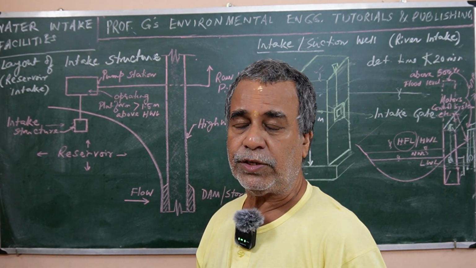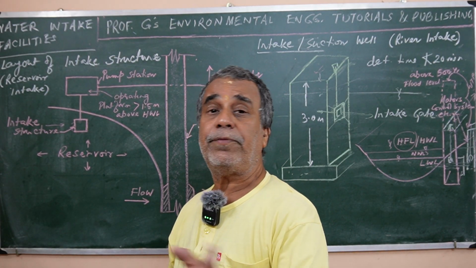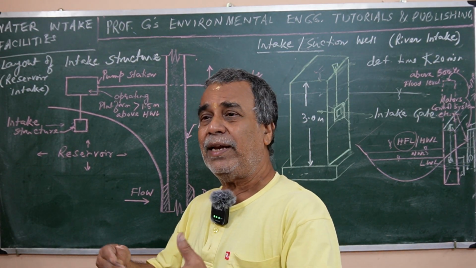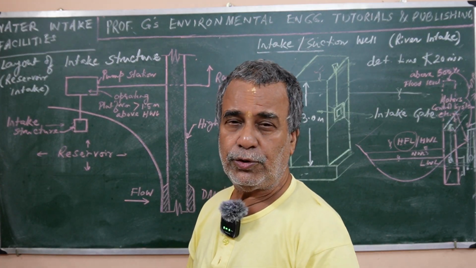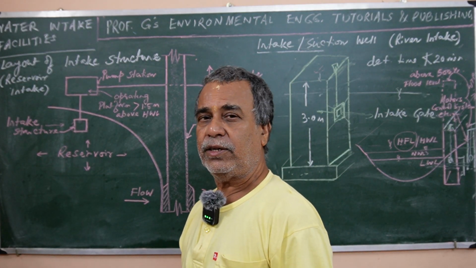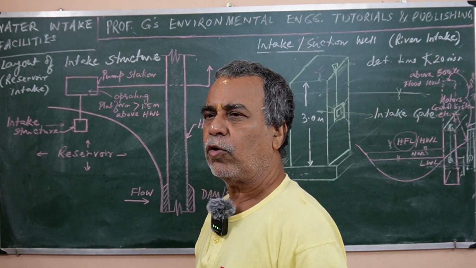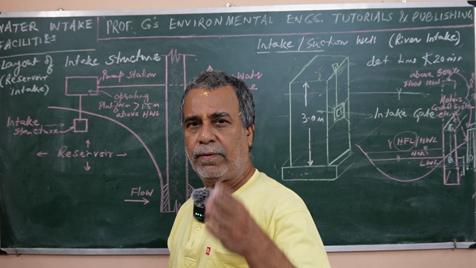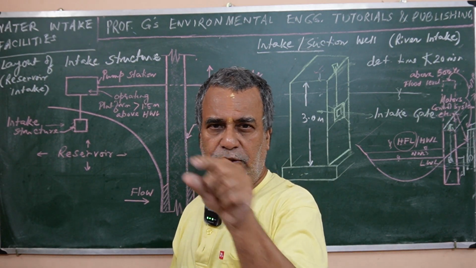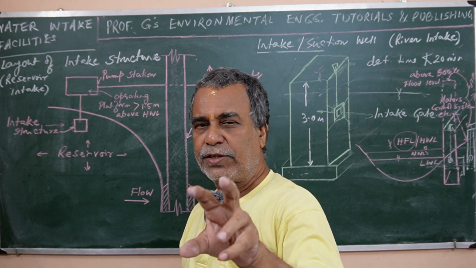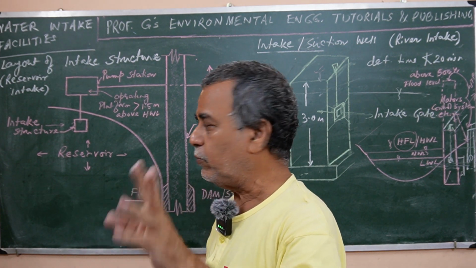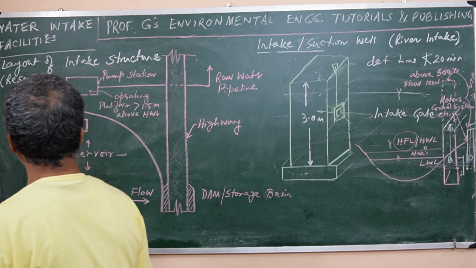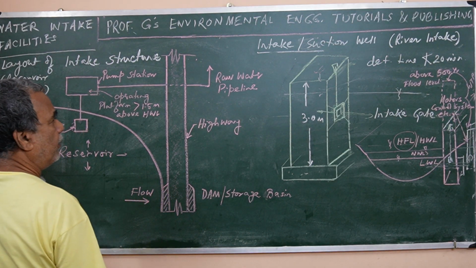Sometimes an electrically charged system is used to repel them, but in our country normally we adjust this by the size of the screen: the fine screen, coarse screen, this way we keep them out.